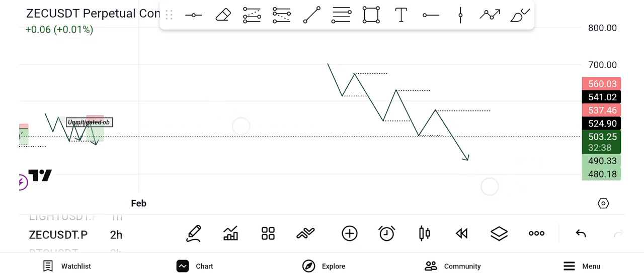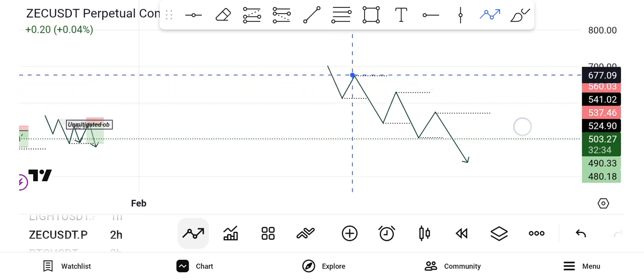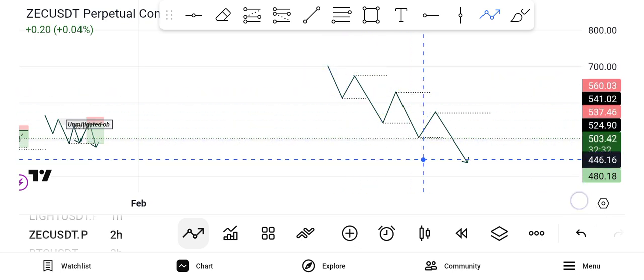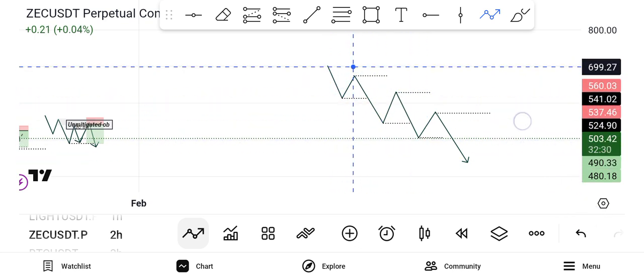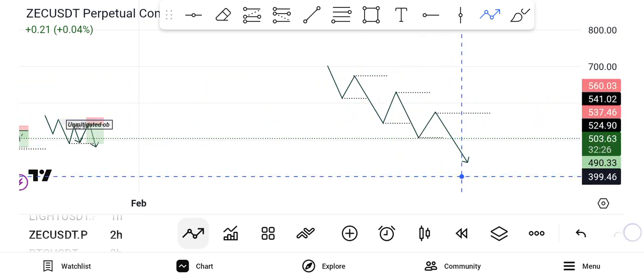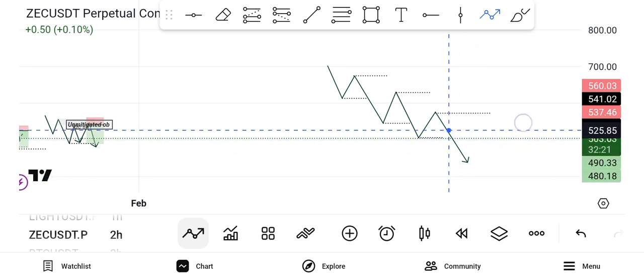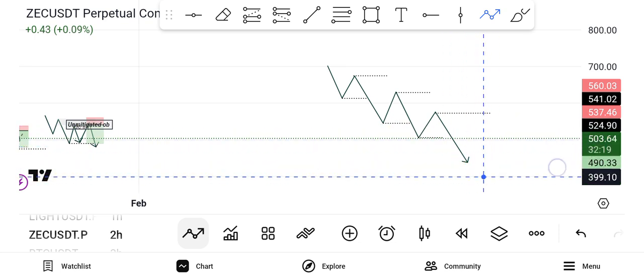For a downtrending market, we expect this pattern to continue until it switches: lower lows, lower highs, lower lows, lower highs, lower lows, lower highs, and lower lows. It has to be very clear, and you expect this pattern to continue until it switches.